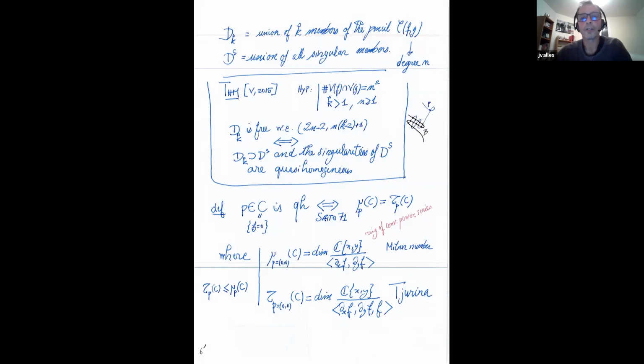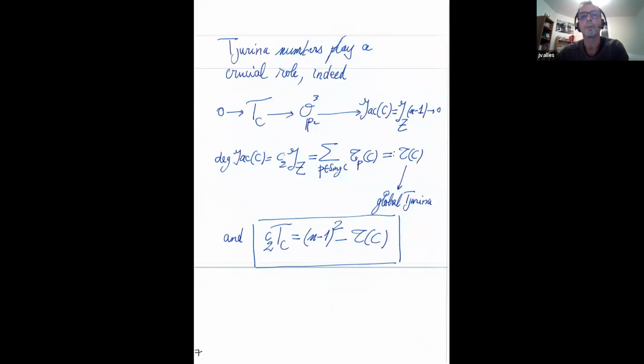What can I say more? The Milnor number is in general probably easier to compute, but the Tjurina number comes naturally in our problem.